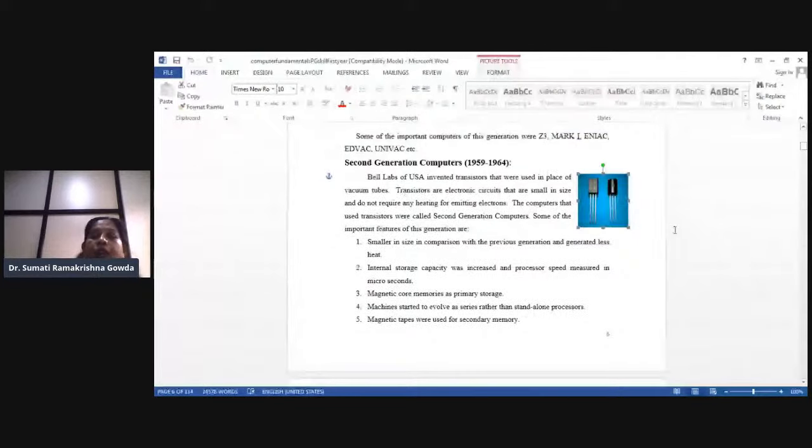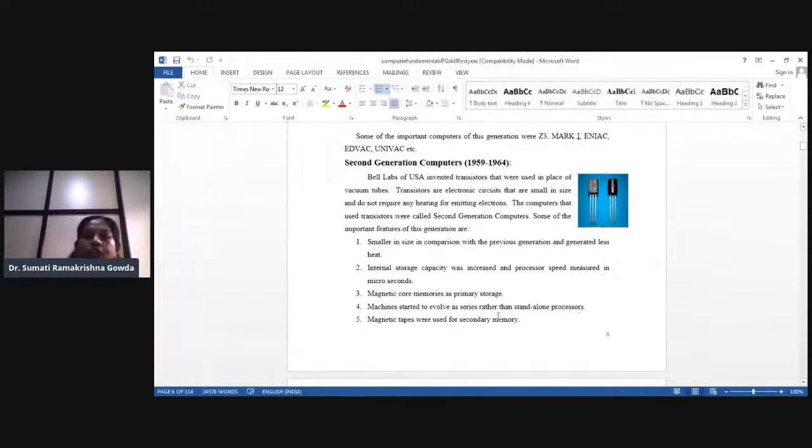Transistors are electronic circuits that are small in size and do not require any heating for emitting electrons. The computers that used transistors were called second generation computers.